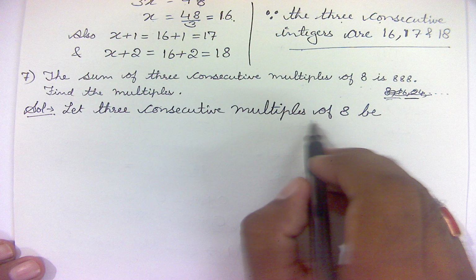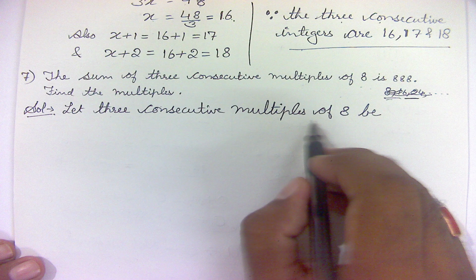And the same way, the sum equals 888. Everything remains the same, only the difference is this. Because they are the multiples of 8, we represent it with 8x. If it had been a multiple of 4, we would have taken it as 4x.